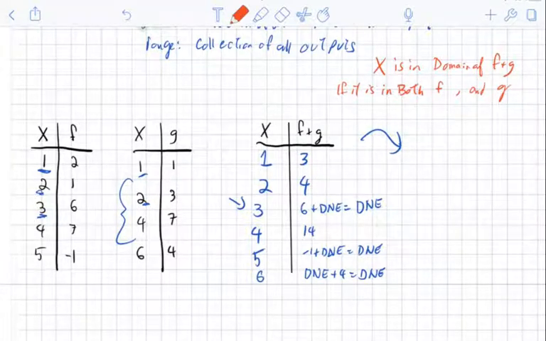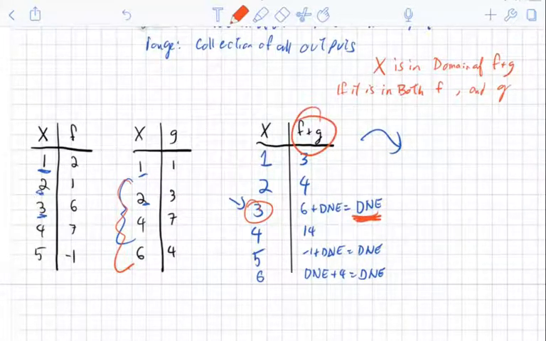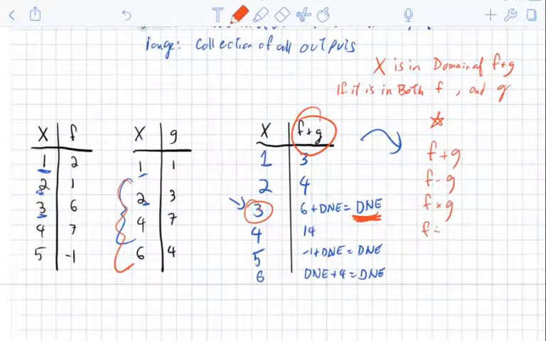So if one particular number, say like 3, is not in one of these domains, then it's also not in the domain of this one. Okay, so this is true for f plus g, it's true for f minus g, it's true for f times g, and it's true for f divided by g. But f divided by g has an additional issue.